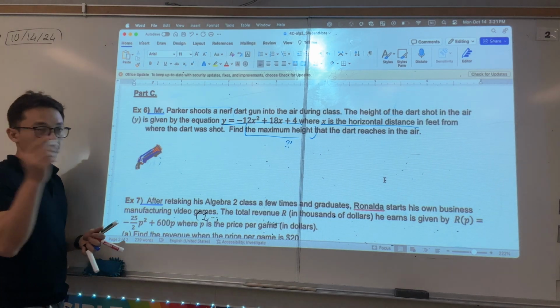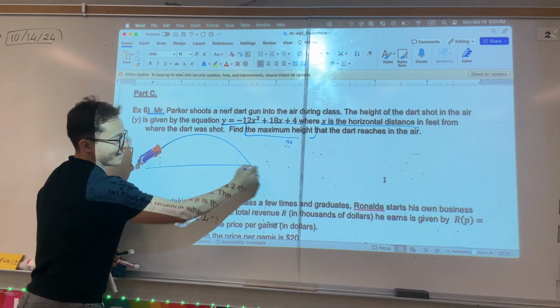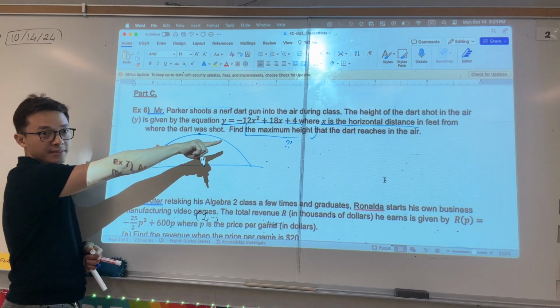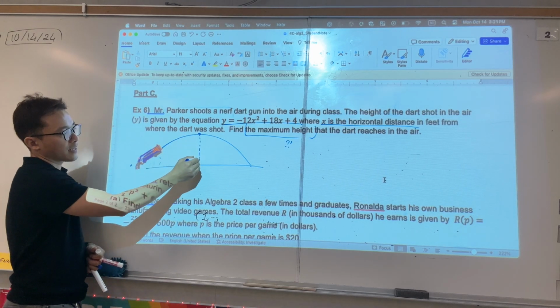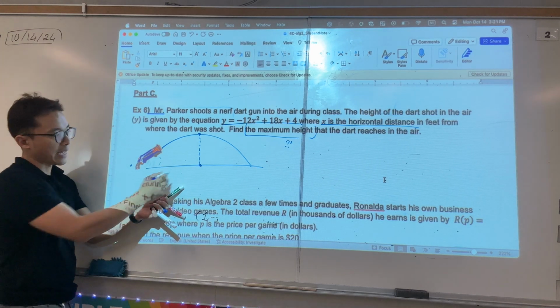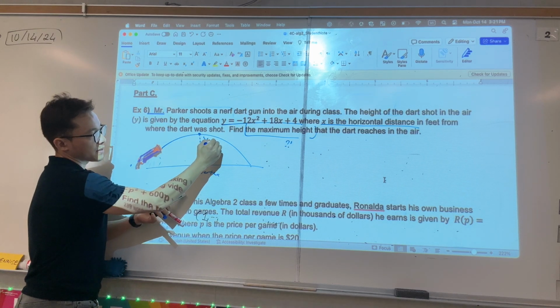Let me ask you this. I'm gonna shoot this. Highest point is right here, right? Maximum height. So, x vertex is here. Y vertex is this.